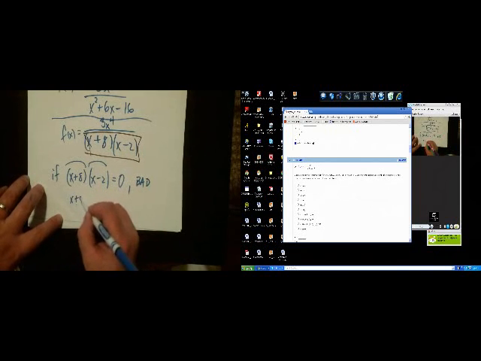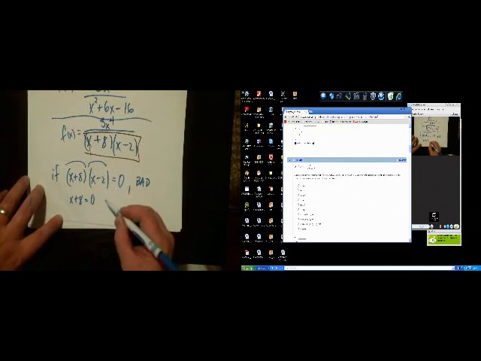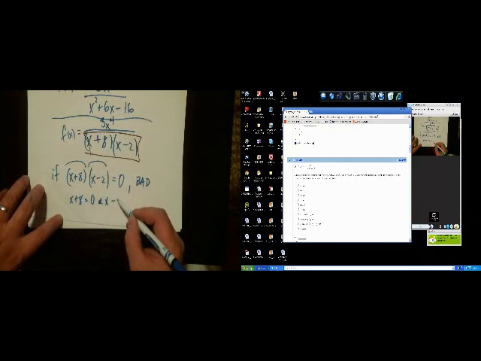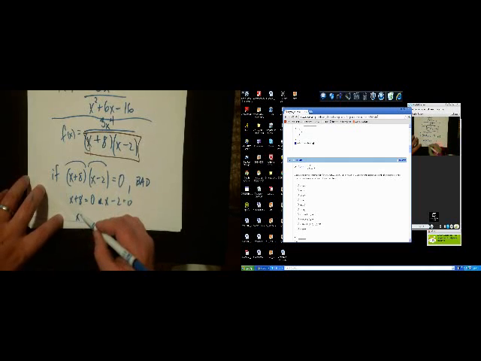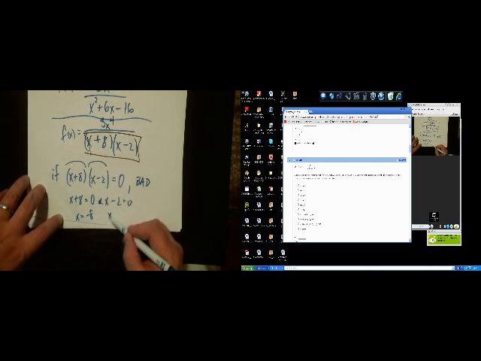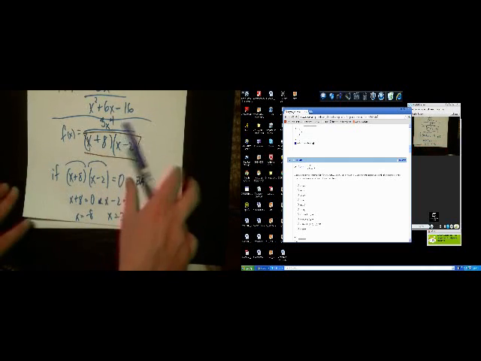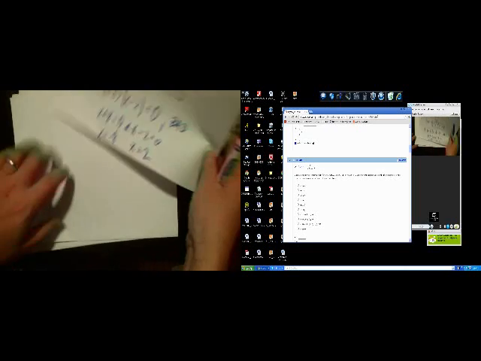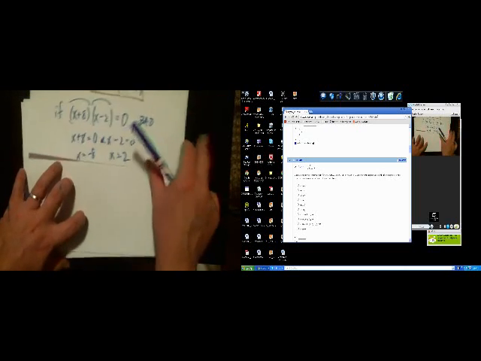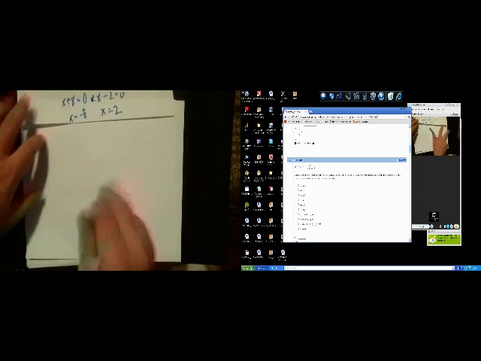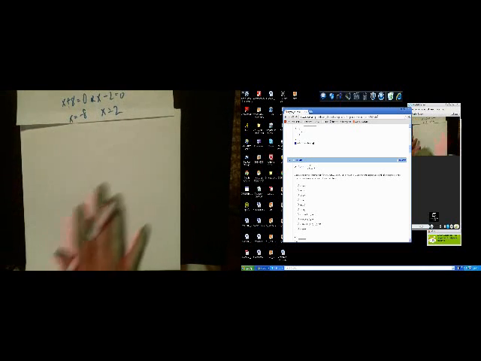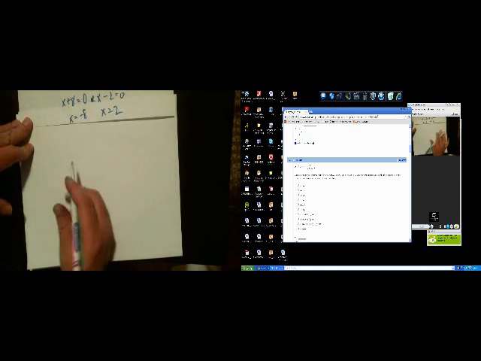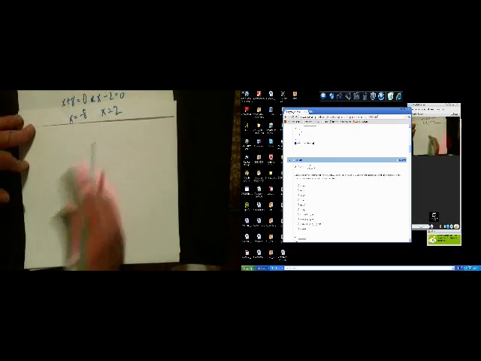So x plus 8 is 0, or x minus 2 is 0. That gives x is negative 8, and x is 2. Those are two that wouldn't work because that would make it 0. So x can't be negative 8 or 2. Now let's look at how that's going to actually show up, like on a graph.